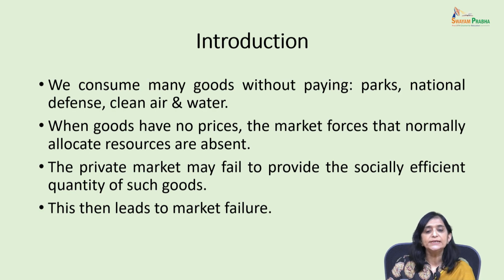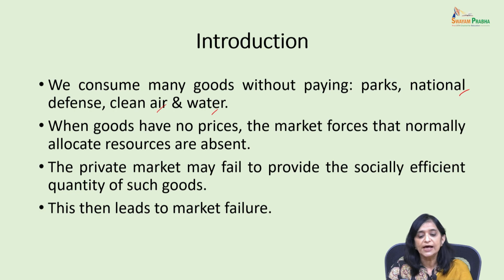So, as we've already seen, in case of environmental goods, which many times are natural resources, we consume those goods without actually paying for them. When we talk about goods like parks, national defense, clean air or water, we are consuming all those goods without making a payment for them.